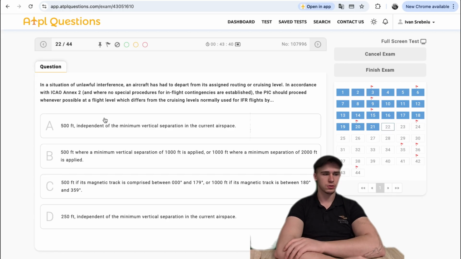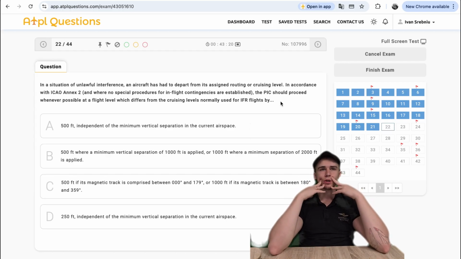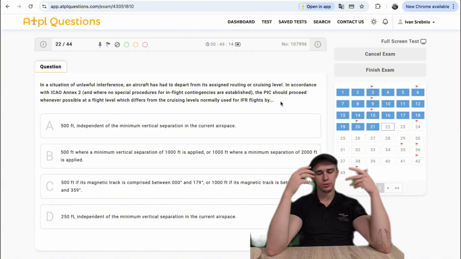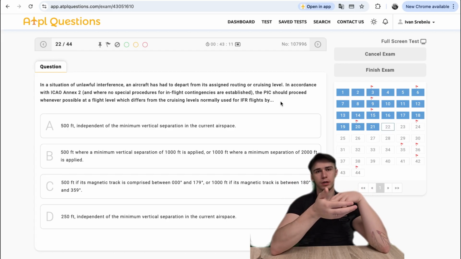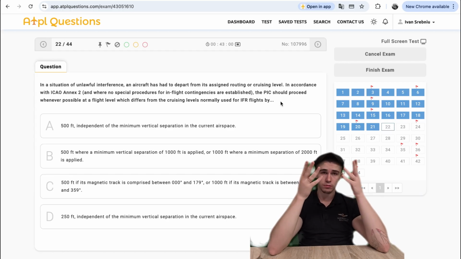In accordance with ICAO Annex 2, and when no special procedures for in-flight contingencies are established, the pilot in command should proceed whenever possible at a flight level which differs from the cruising levels normally used for IFR flights by, if you fly in RVSM, for example, where separation is 1000 feet, if you have unlawful interference and you can't squawk 7500, you must fly 500 feet more or less. When 2000 feet, you must fly 1000 feet.